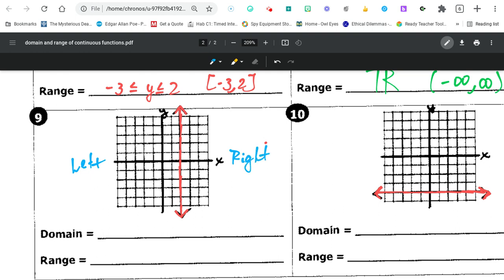Well, the line doesn't stretch at all. A vertical line doesn't stretch left and right. A vertical line only stretches up and down. So since it does not stretch left and right, you have to tell me the x value that it's located on. This line is located at an x of 2, and that's it. There is no stretch on this one.